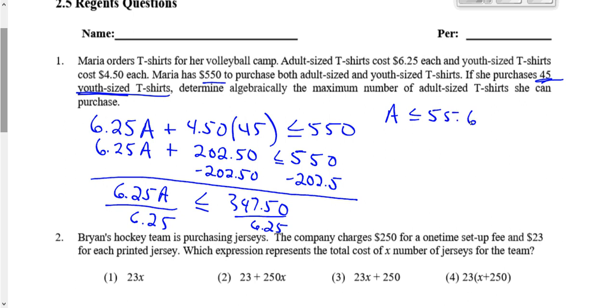So one of them will be like a half shirt, I guess? I don't think that. So, wait a minute, 56? You have to take it down. 56 would be greater than it, right? So it's going to be 55 adult shirts.